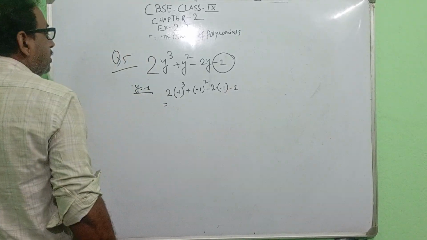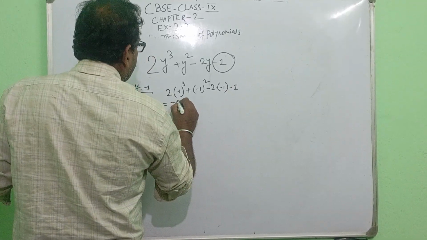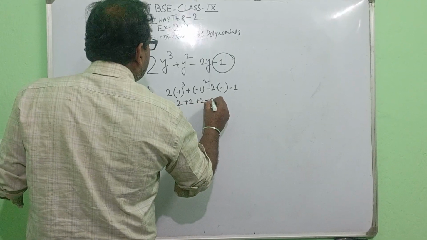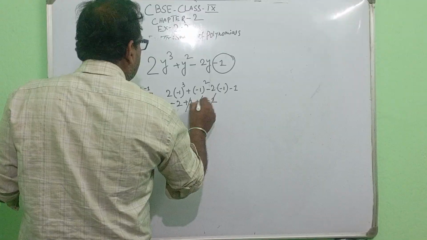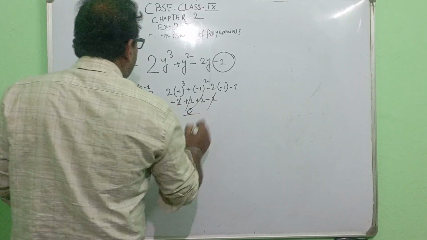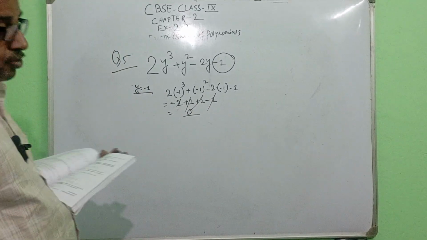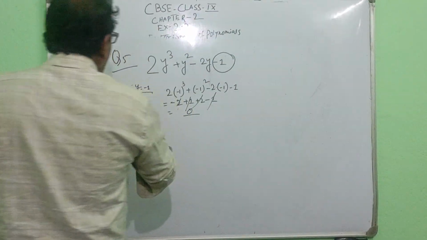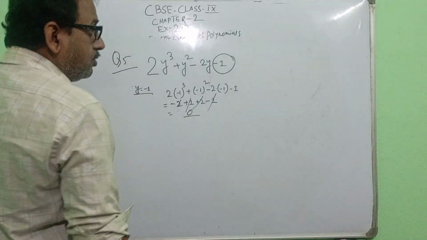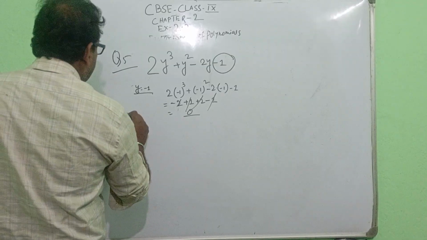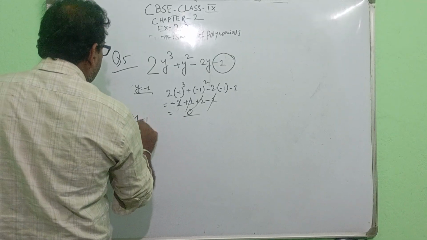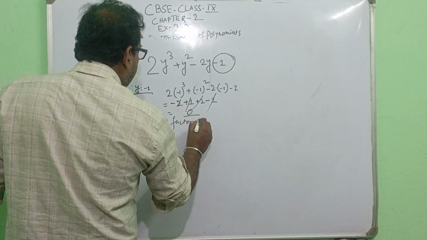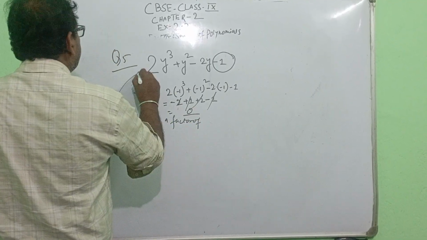So what has happened? Minus 2 plus 1 plus 2 minus 1. This is coming 0. So we can say that y plus 1 is a factor of the polynomial.